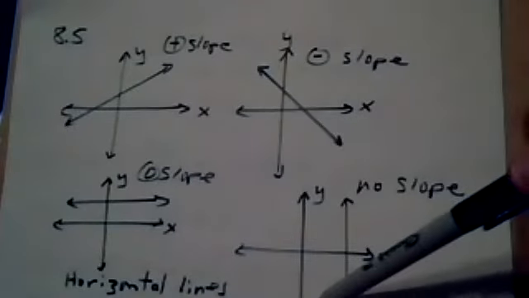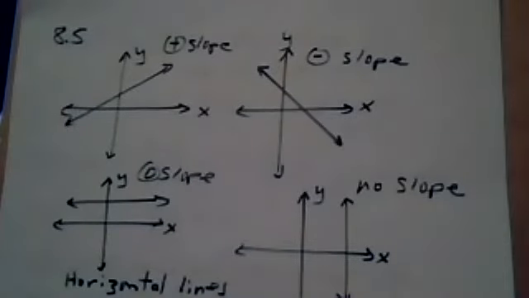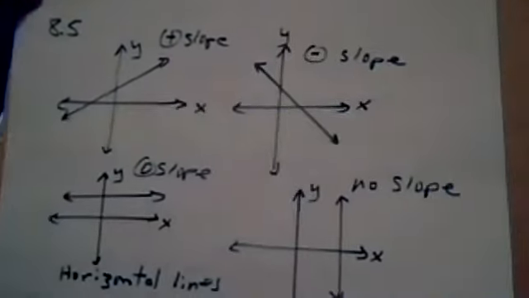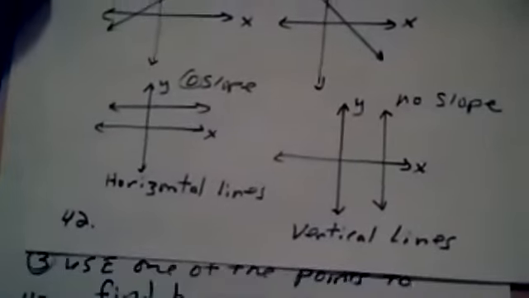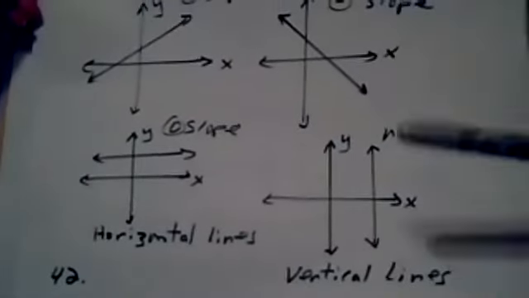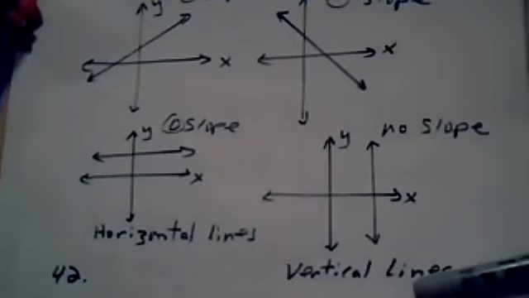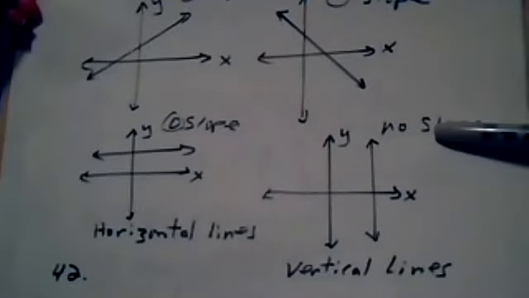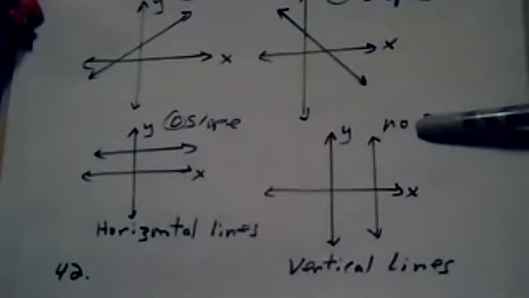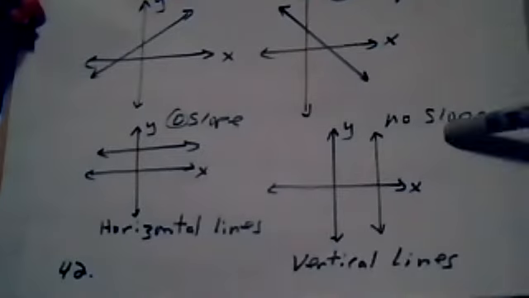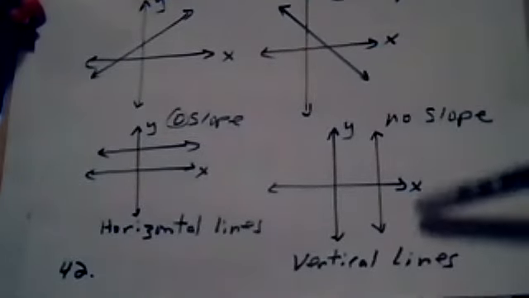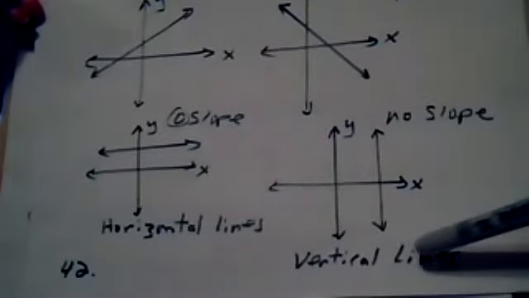The vertical line has no slope. So 0 slope and no slope are not the same thing. The 0 slope is the horizontal line, and the vertical line is no slope.